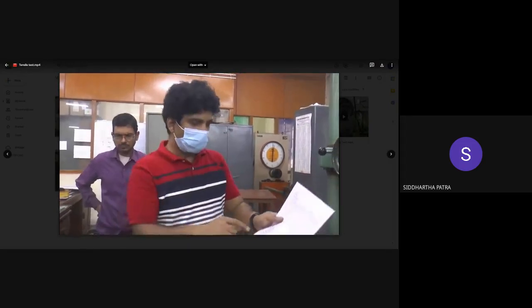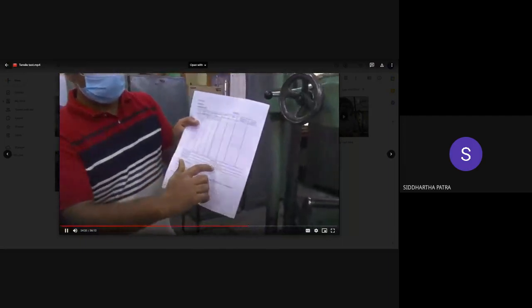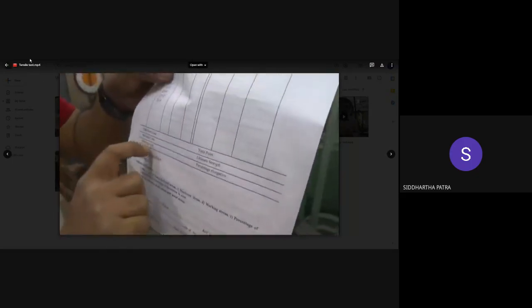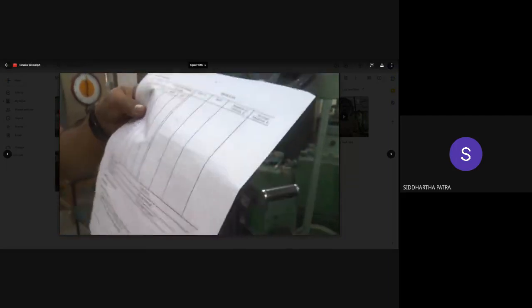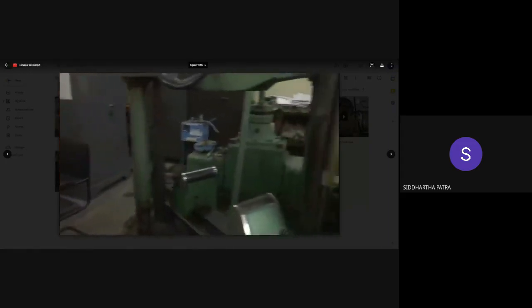That maximum load value is what you are supposed to write here. This says maximum load, and from that you are supposed to calculate the ultimate strength. And at the breaking point, that means when the material fractures, the final stress value is the breaking point. So you are also supposed to note that. Okay, so that's with the extensometer, that's with the instruction sheet over here, and now we can directly proceed to the experiment.